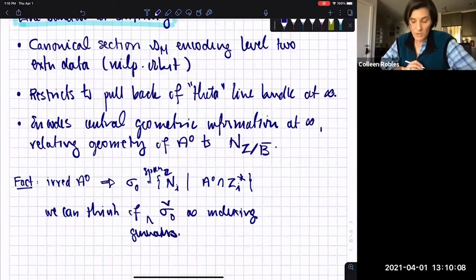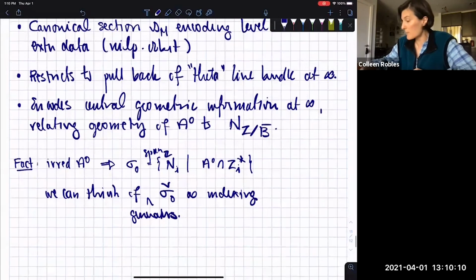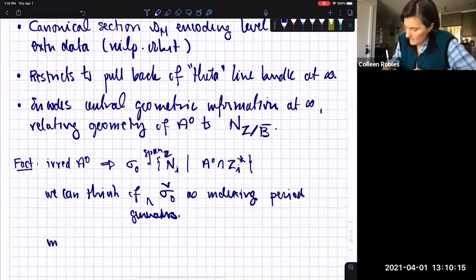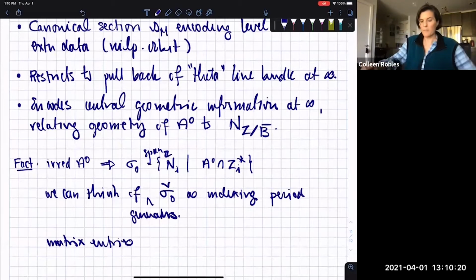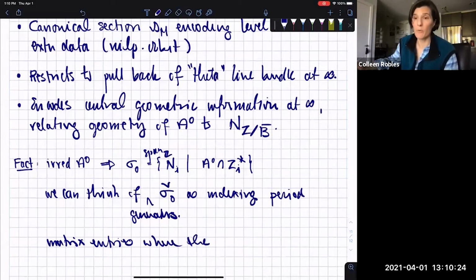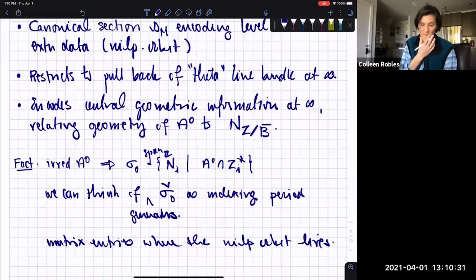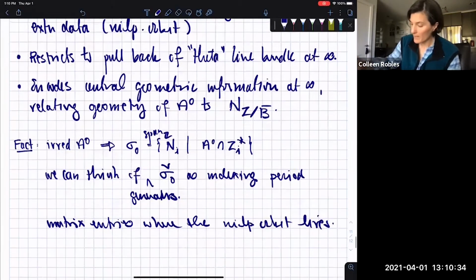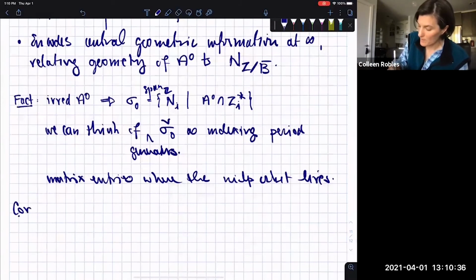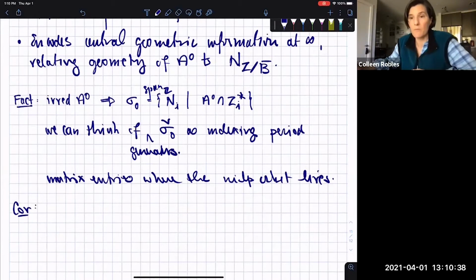We can think of generators of that cone as indexing period matrix entries where the approximating nilpotent orbit lives, very informally.